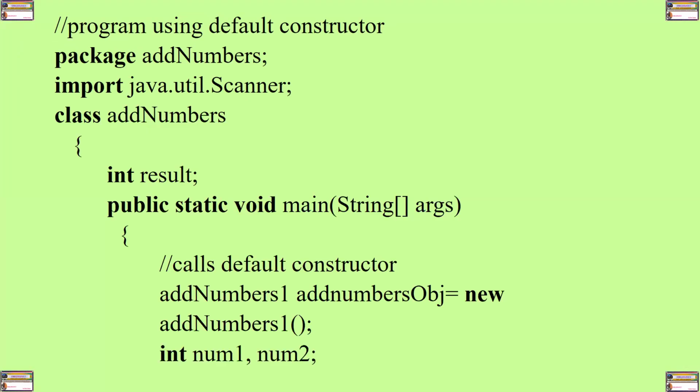And then we are declaring two variables, or two members, num1 and num2, and they are of type integer. From there, we can create an object for reading input.